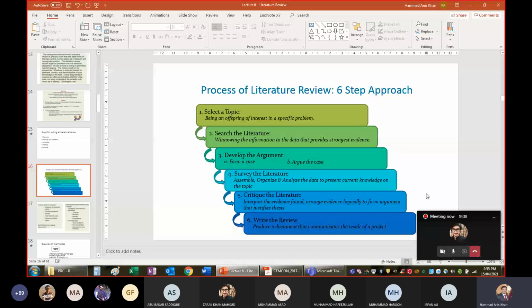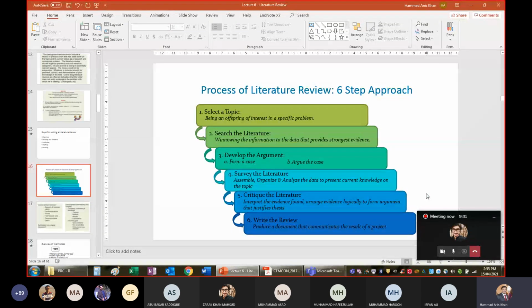Then you will do some literature review to find out the information and data that provides the strongest evidence, like what has been done, how people have done it, and then develop an argument, form a case, argue the case, like what you are going to evaluate.